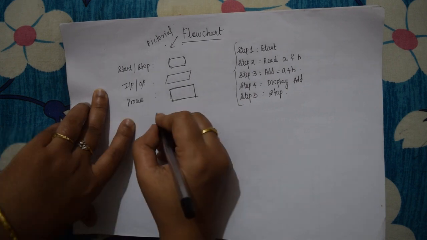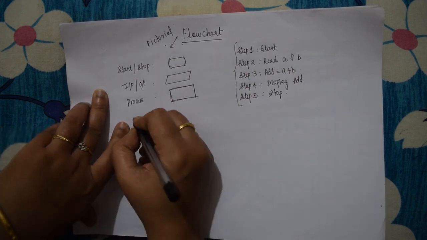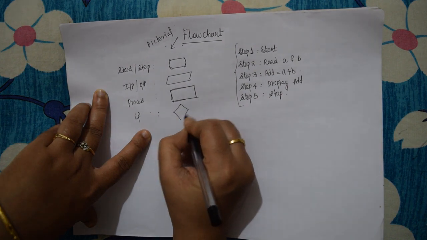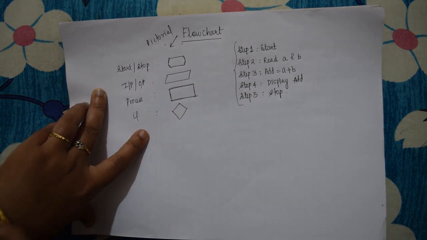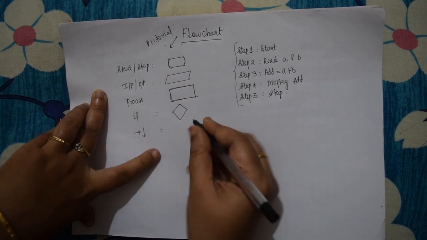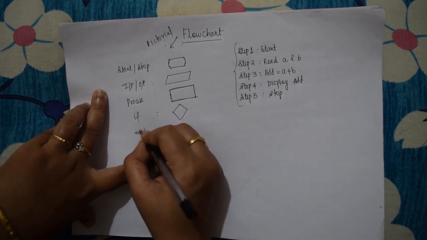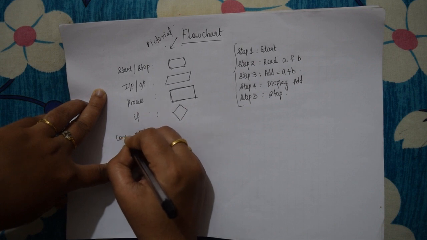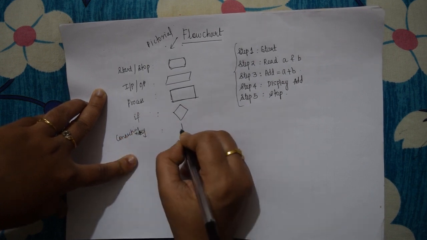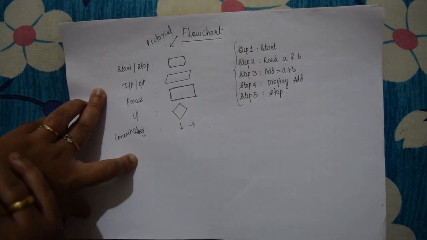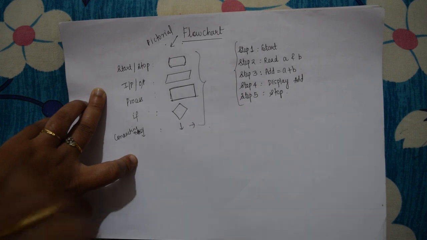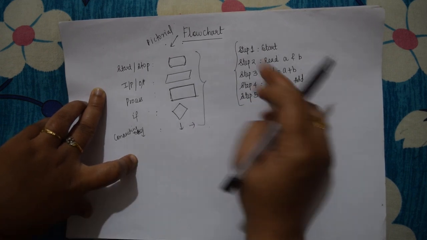Whenever there is an if condition, that is a decision, you have to use a diamond. And for connecting, we use arrows. Okay, these are the basic symbols used for flowchart.